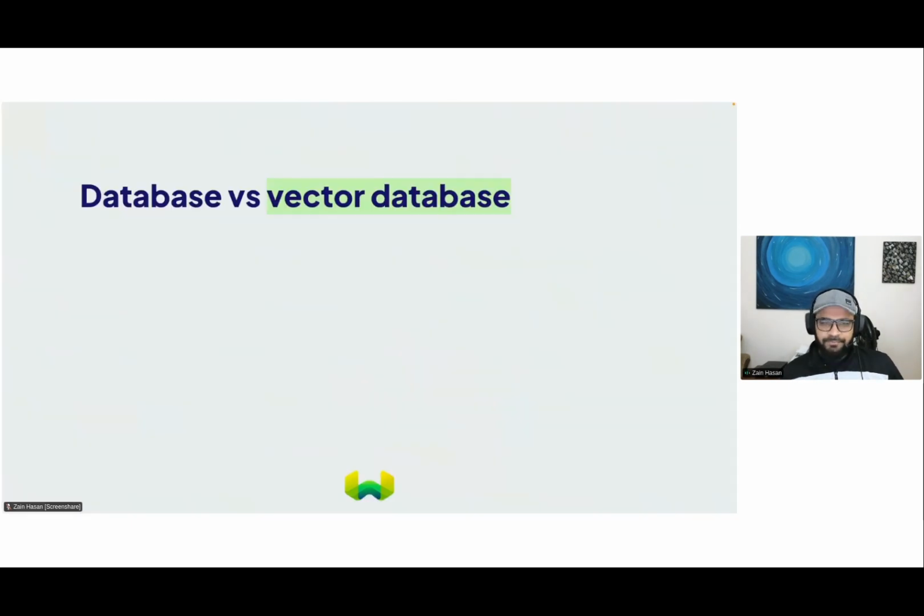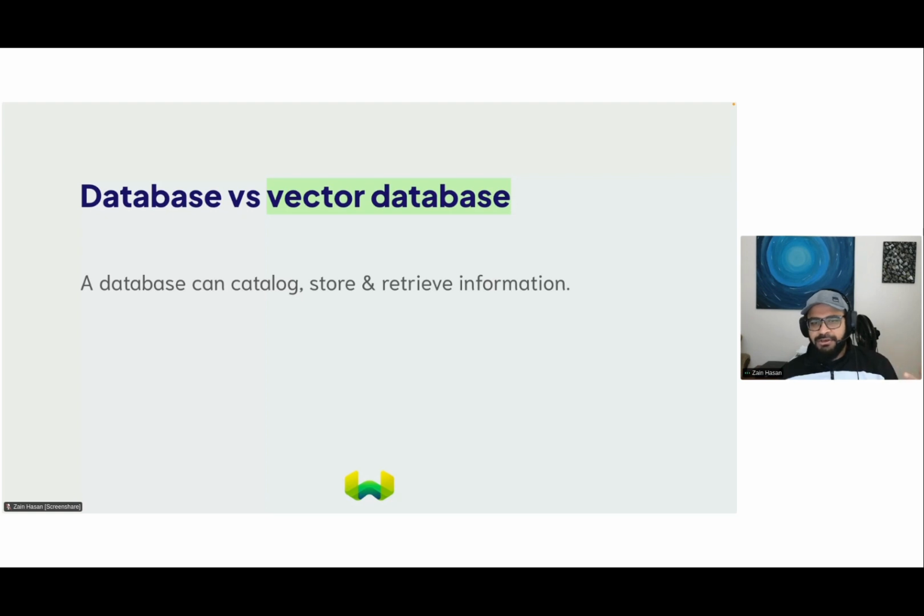So let's dive in. I like to start talking about vector databases from the perspective of normal databases. A normal database's main job is to catalog and store information, and when you need information, it allows you to retrieve what's relevant for your particular task. Think about a SQL database where if you write a SQL filter, it'll give you only the relevant things, and then you can use those for your data analysis task.